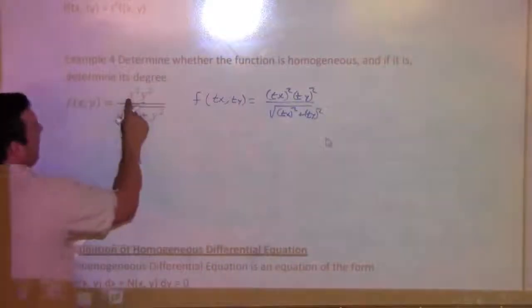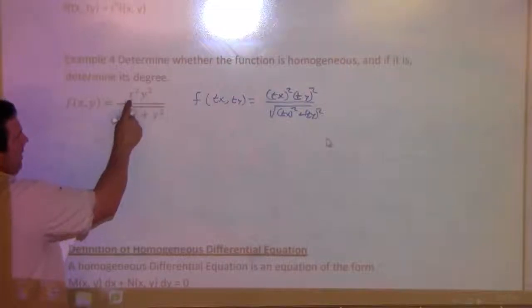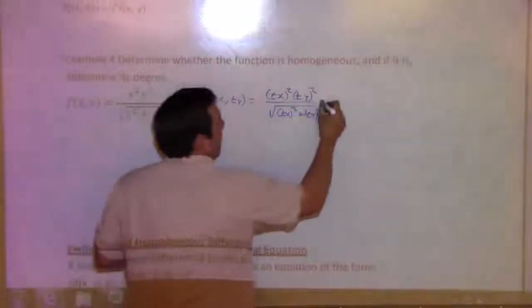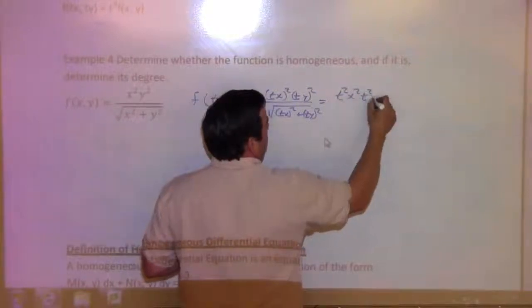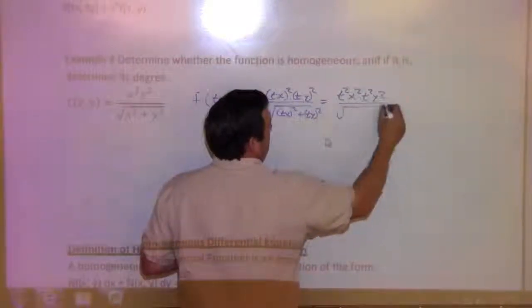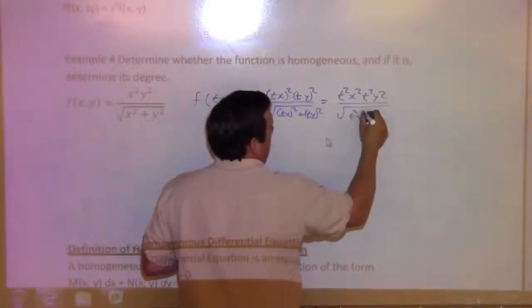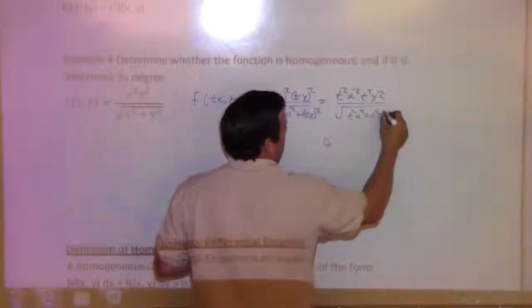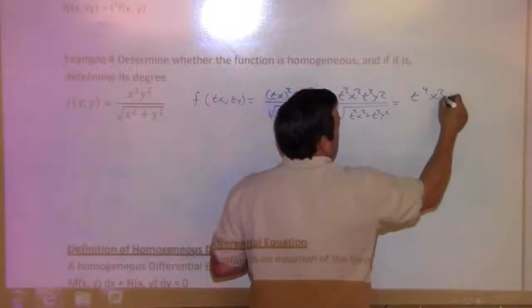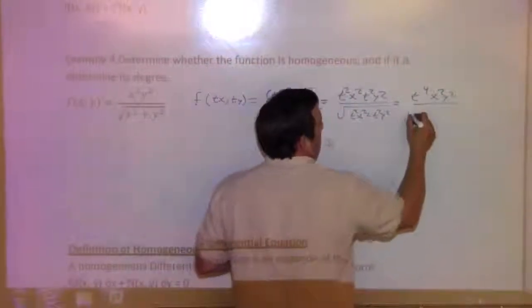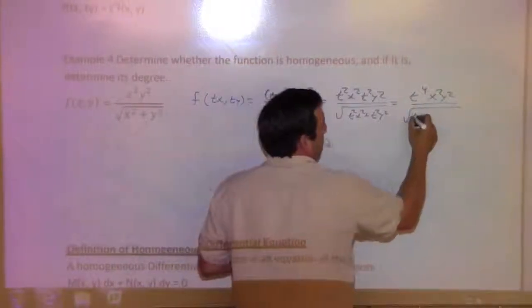I'm putting ty in place of the y's, tx in place of the x's. So we have t squared x squared, t squared y squared over the square root of t squared x squared plus t squared y squared. So it's t to the fourth on top, x squared y squared, over, you can factor out a t squared down below.